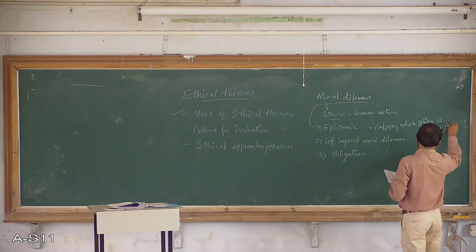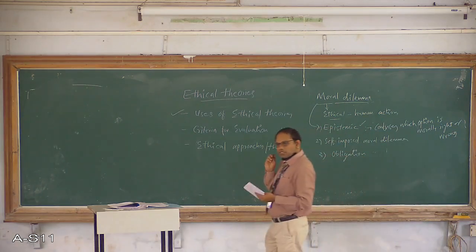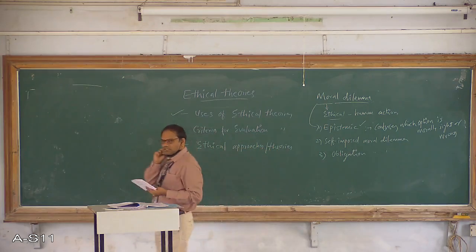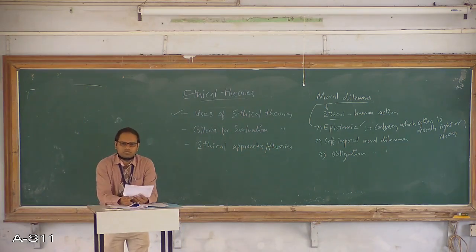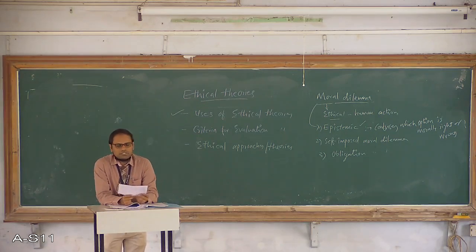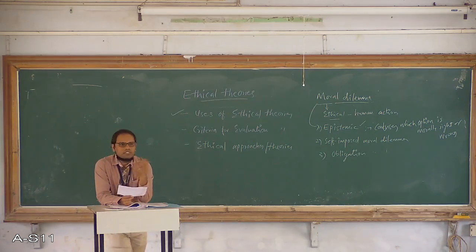Epistemic means there is an action, or there are some alternatives, but those options are confusing. Which one has to be taken, which is morally right or which is morally wrong, so that it is going to give some output. Can you give an example for this?